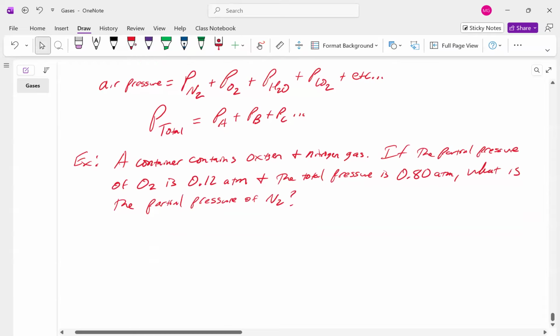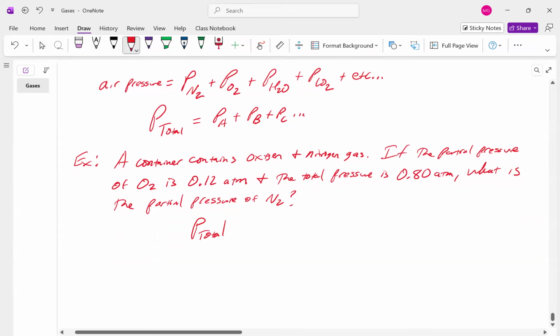So when you use Dalton's law, that basically says the total pressure of this mixture is the sum of the pressure of oxygen plus the pressure of nitrogen. And so I want to know what the pressure of nitrogen is, so I'll rearrange this to solve for that.